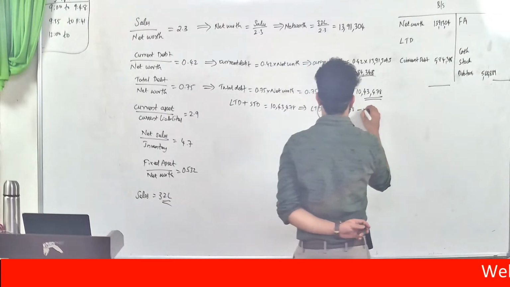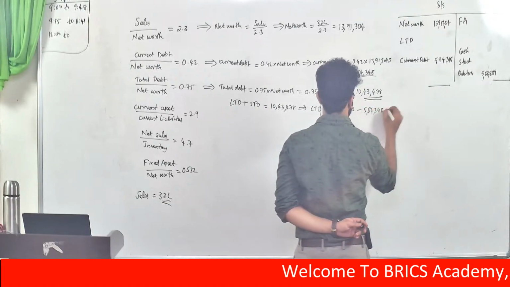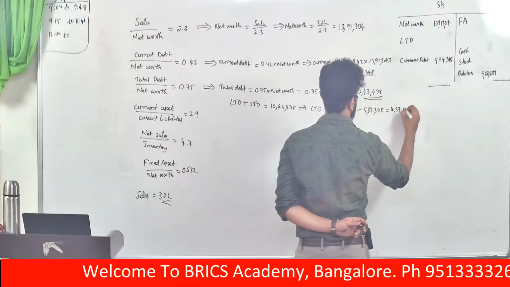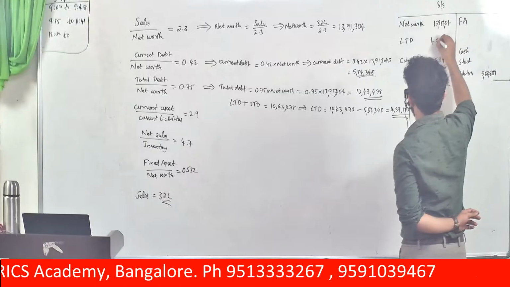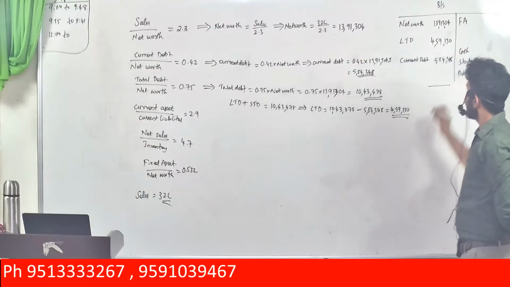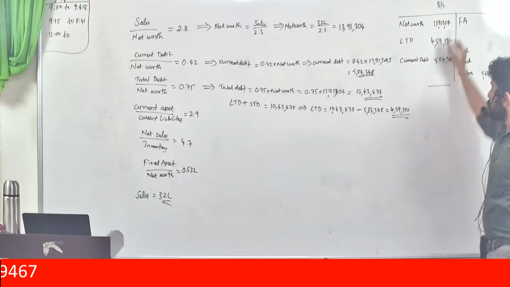From here, long term debt is equal to 10,43,478 minus 5,84,348. How much is this? 4,59,130. Can you give me a total? How much?